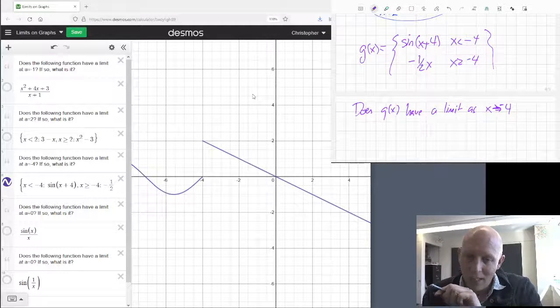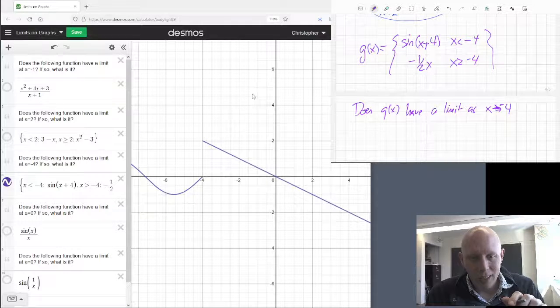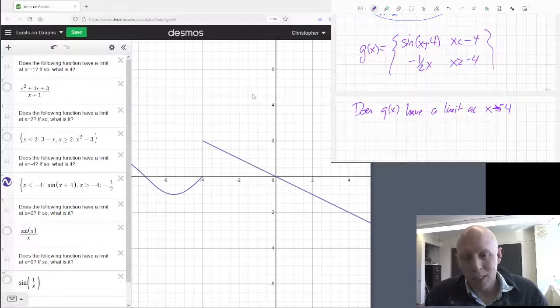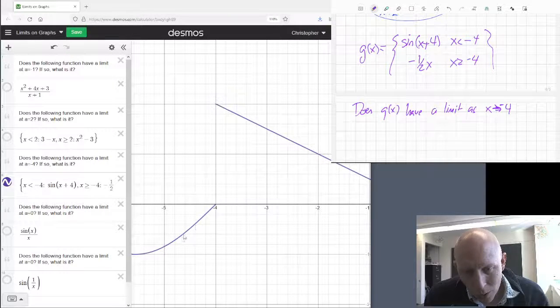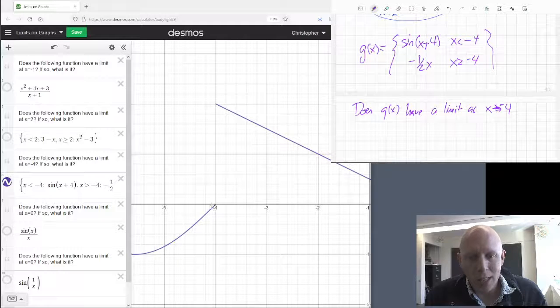Now this should feel a lot like the example we had from class, in which you have a function that was negative 1 and then jumps to positive 1. If we look at this function, when you approach negative 4 from the left-hand side, the function value is 0. But when you approach from the right-hand side, from the positive side, the function value is 2.